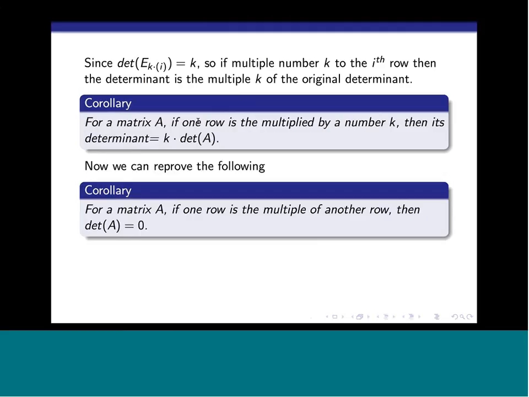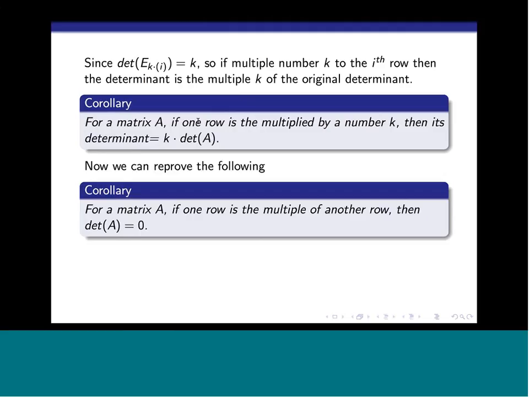So this matrix is E5 times the second row, the 3 by 3 matrix. It's easy to see that matrix has 5 as the determinant, and the rest of them are just 0. So the elementary matrices are all easy.